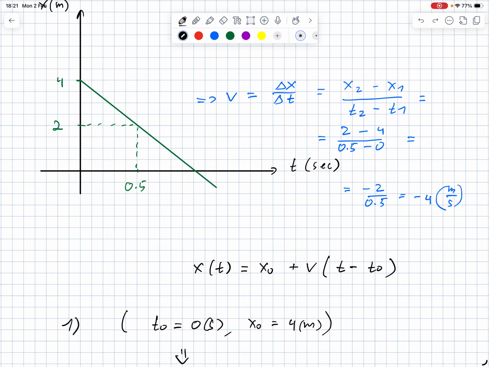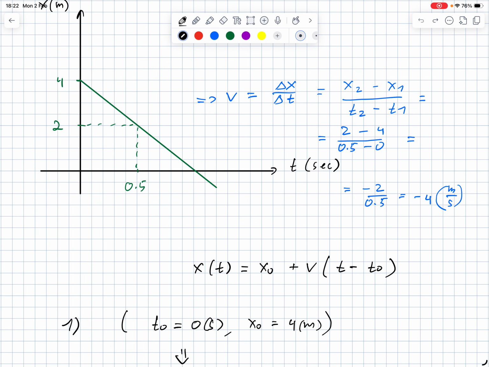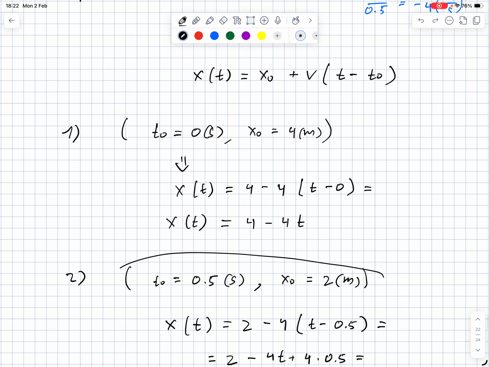We already found the velocity, which is minus 4 meters per second, and we need to choose which t0 and x0 we can use to find finally the expression of x of t. You can choose this coordinate, or you can choose this coordinate. You'll get the same result.